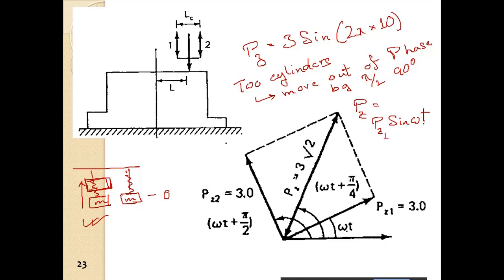Now this mass is moving at a phase difference of pi by 2, and therefore it will be plus Pz2 sine of omega t plus pi by 2.